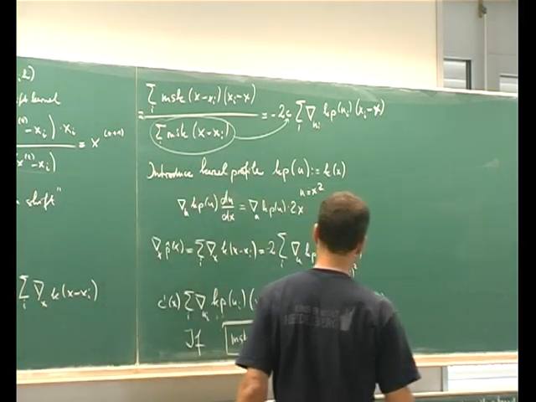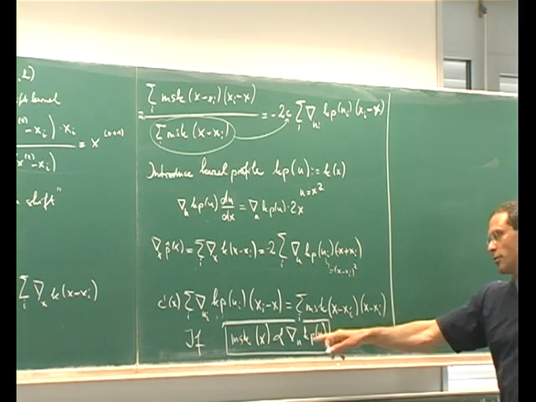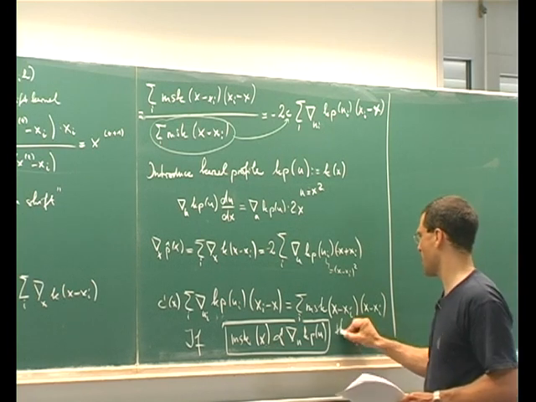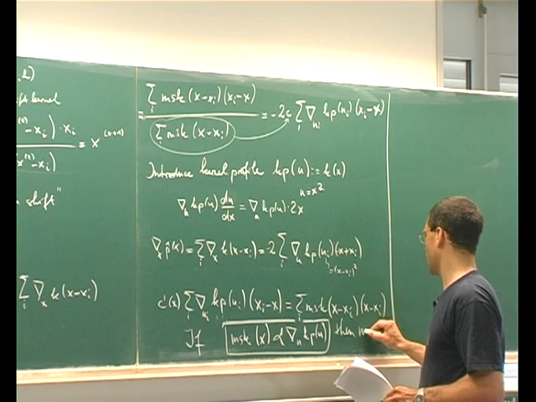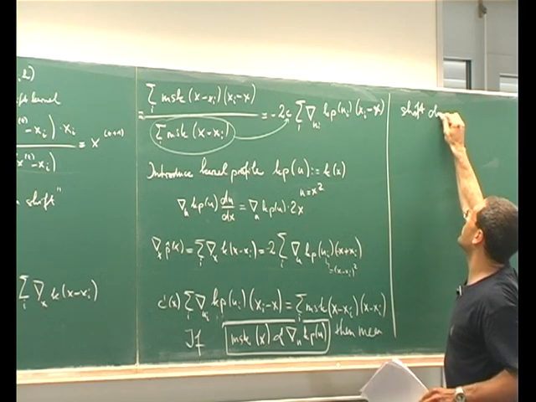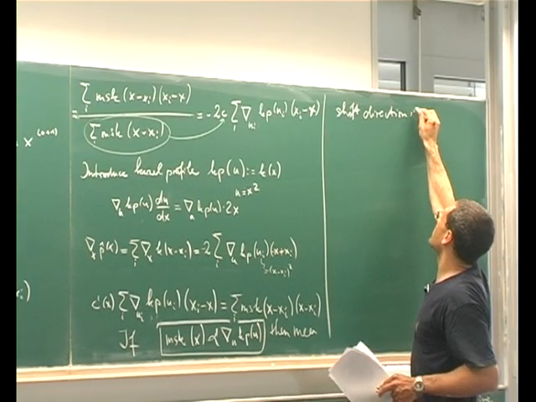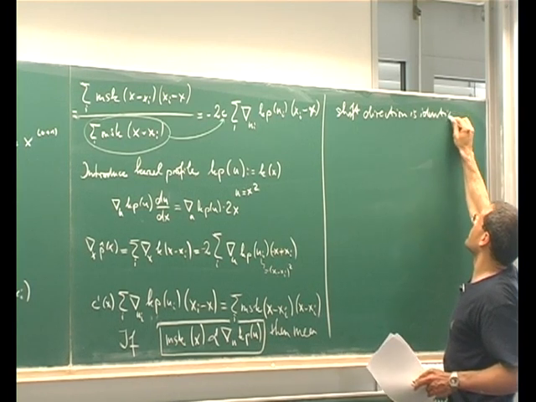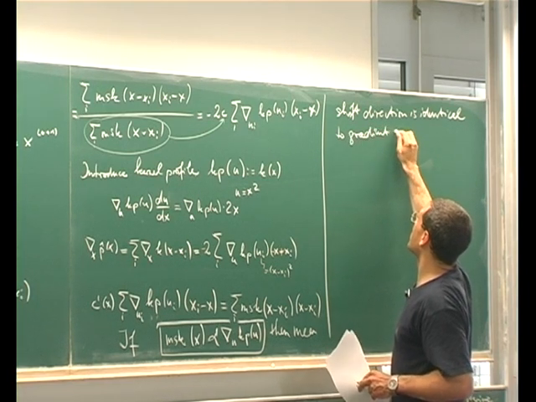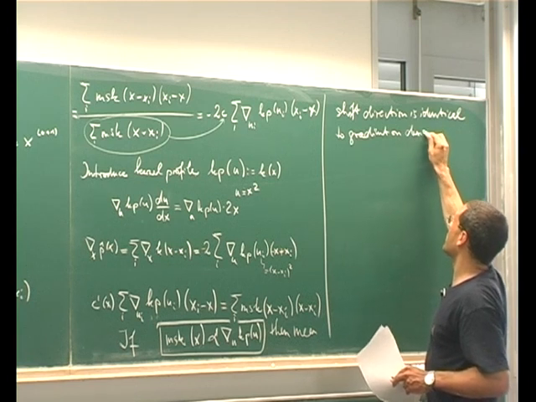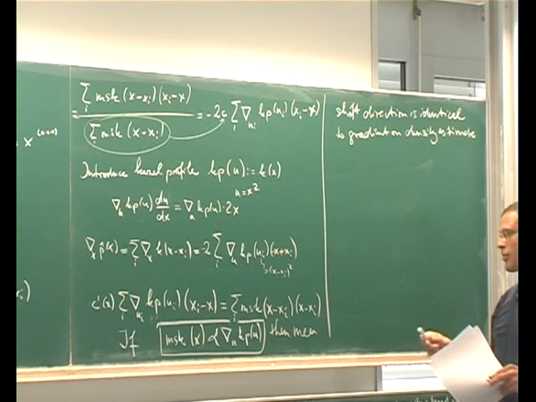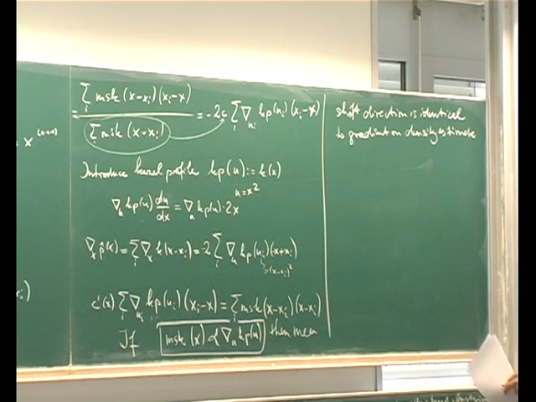So if the kernel is chosen such that its profile fulfills this condition, then the mean shift result, or let's say the mean shift direction, is identical to the gradient on a density estimate that has been obtained with the kernel that matches this kernel profile.